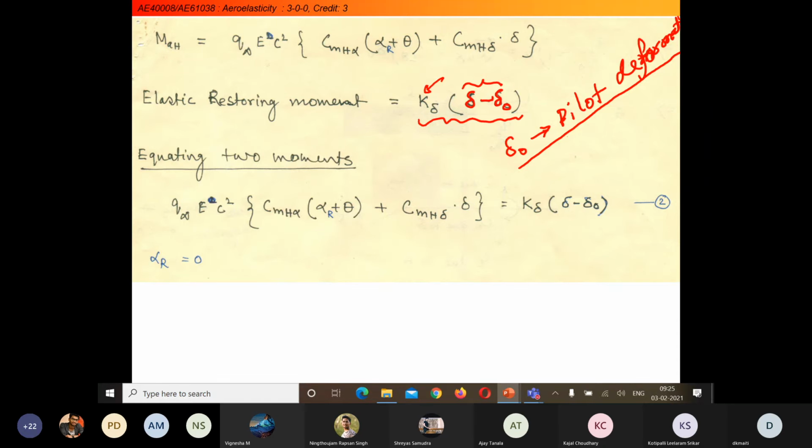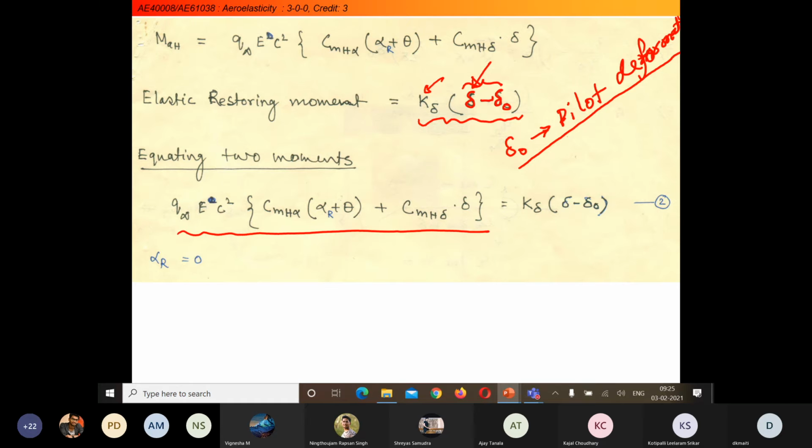That is not considered an elastic deformation, but whatever the pilot is demanding, finally he will be getting a deflection which may be higher or lower than that. In this case we are considering delta is more than delta naught, so delta minus delta naught is a positive value, which multiplied by K delta is the elastic restoring moment about the hinge point, which will be balanced by the aerodynamic pressure developed outside.